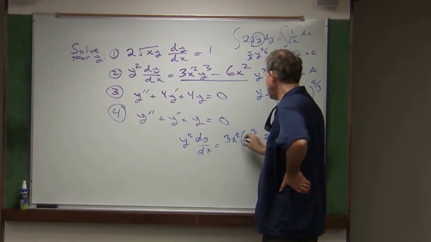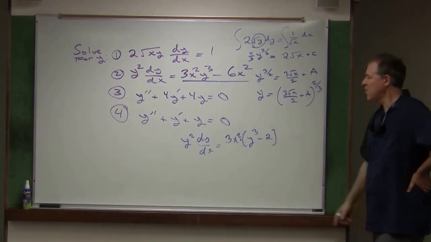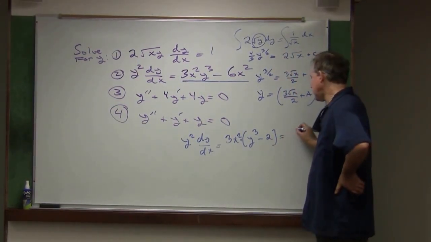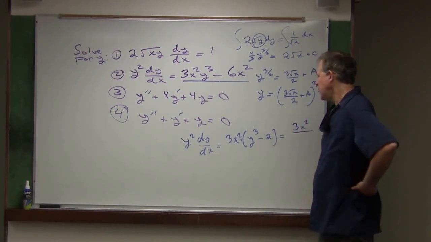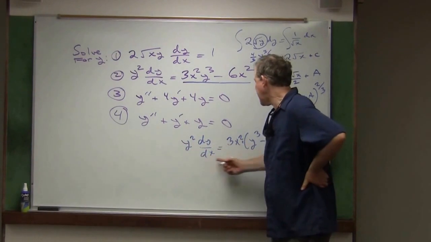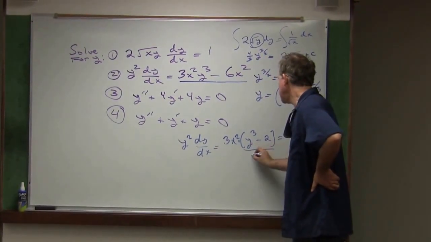Now it's a multiplication, and now it's separable. In other words, it's in the separable form where this is 3x squared, and you could get this on the other side by putting the y squared here.